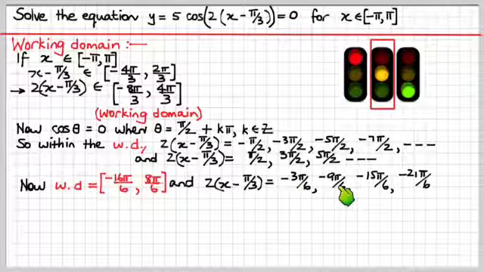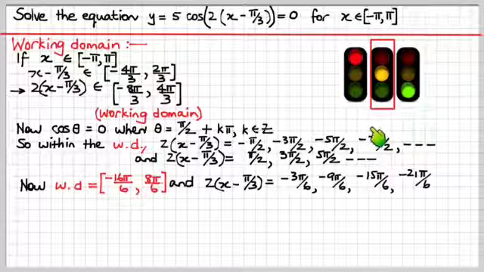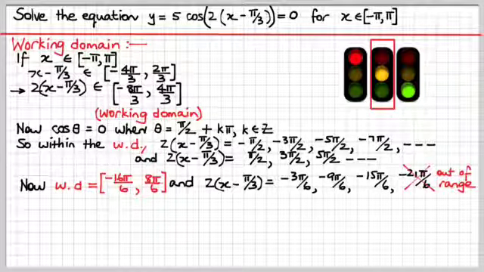So see that, does that check out? Yes, yes, and yes. It's the top and the bottom by 3, okay? So I haven't changed the fractions around, I'm just making them so that they're over 6. Now, this one here, you can see, is −21π/6, which is too far. But this one is still in, that one's out of range, so that one I'm discarding, okay? And I've honed in exactly, precisely on which solutions I'm going to need.